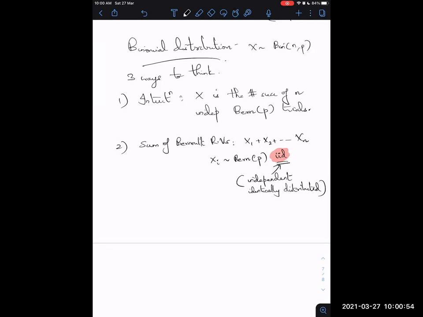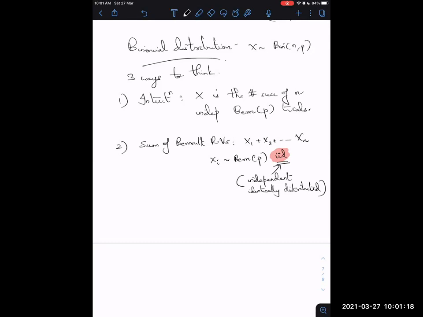Is this clear for everyone? So x1 to xn are different random variables. They are not the same random variable. When I say IID, I only mean that they have the same distribution. For example, x1 can be just the sum of two dice.